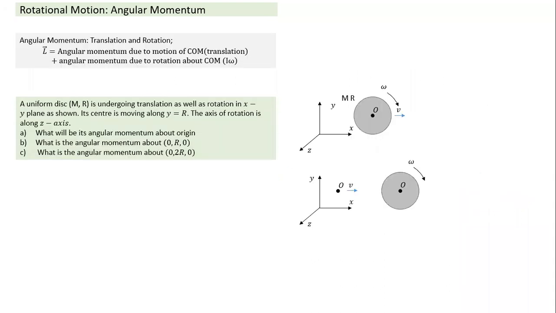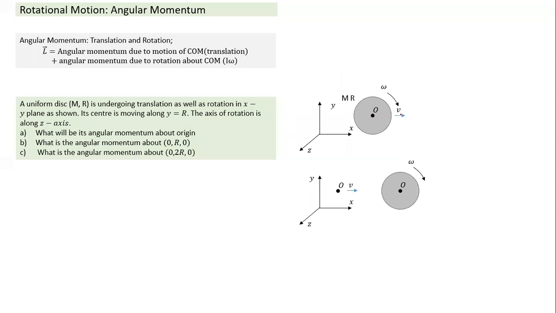Now coming to angular momentum. We had done angular momentum of a particle due to translation, and angular momentum due to rotation. What happens when an object has translation as well as rotation? So far, if I have a disk, I either rotate the disk about some point or translate the disk. But take a car tire: it has a rotation omega, and its center of mass also is moving.